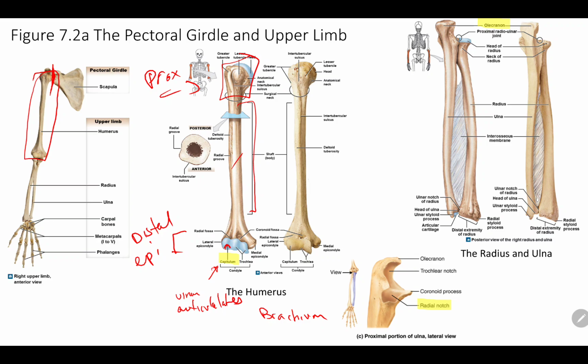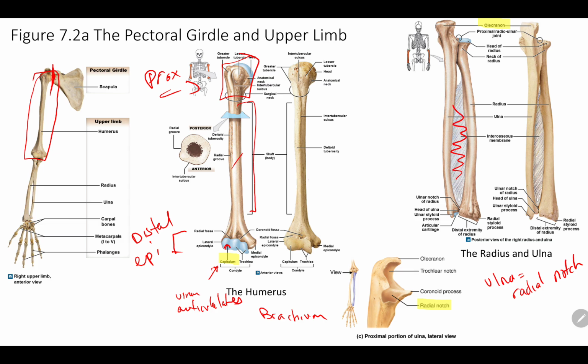And then we have these bones that are going to be in the forearm. Those bones are the ulna and the radius, or the radius and the ulna. And you'll see that the ulna will have a radial notch, okay? And you'll also see this interosseous membrane between them.